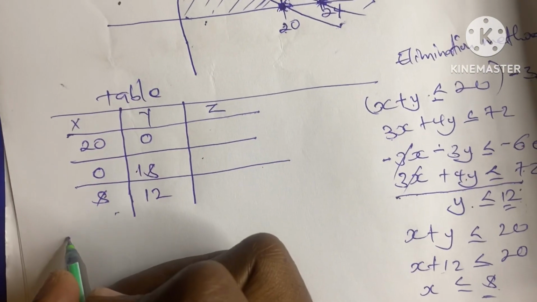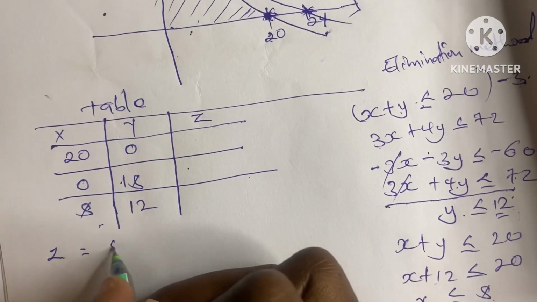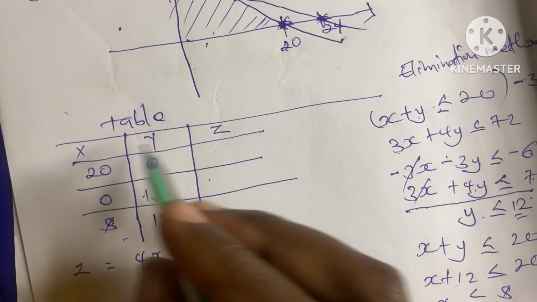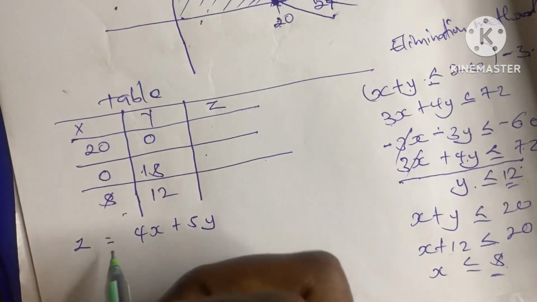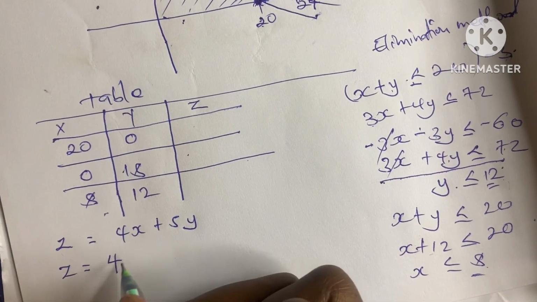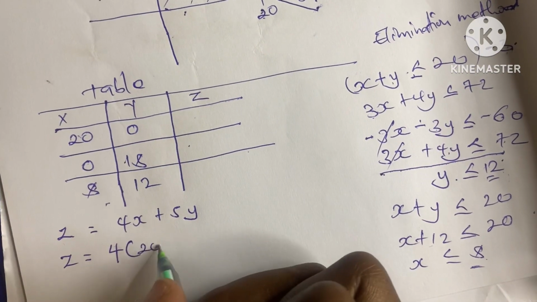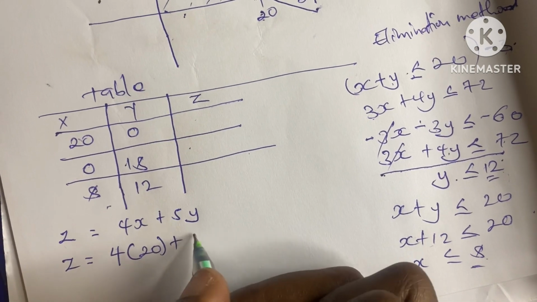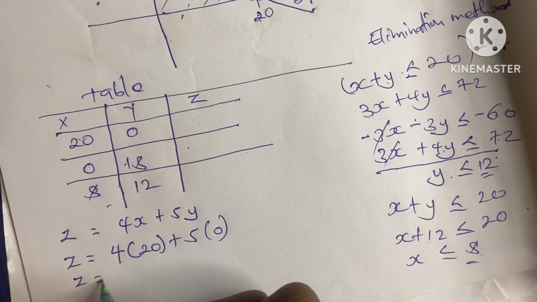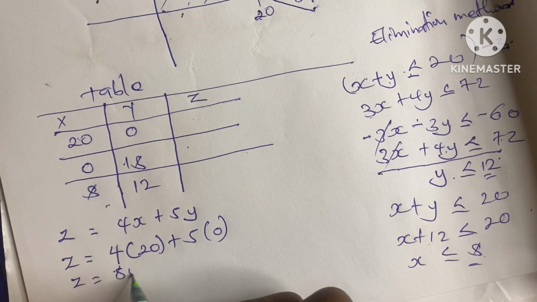Then the next thing, we are going to substitute all these in our objective equation to find the value of z. So z equals 4x plus 5y. So we substitute all of these. For the first equation, z equals 4, our x is 20, then plus 5, y is 0. So this makes it z equals 80.